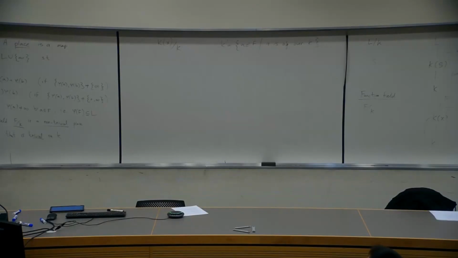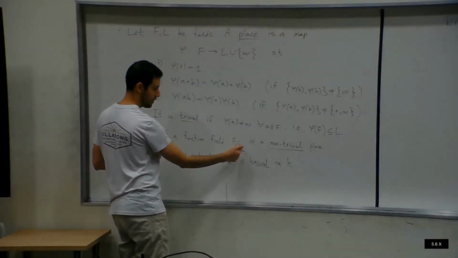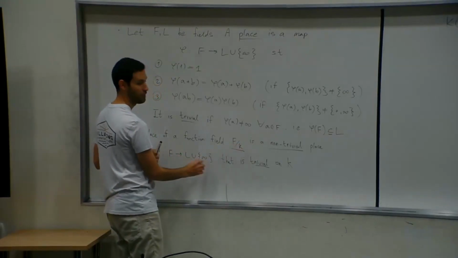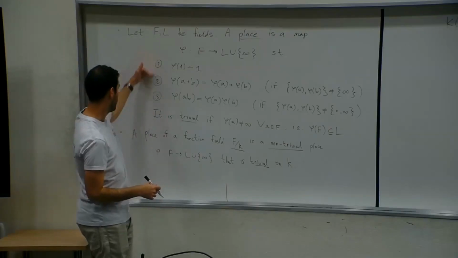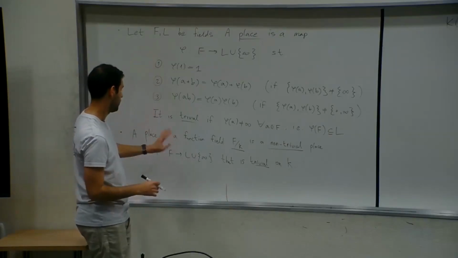If the function is not defined, then it has a pole, so return infinity. The fact that we insist that the place is trivial on k just means that if you give me a constant function from k, then don't tell me that it's not defined at the point. All the constant functions are defined. If you take a function a in k, then phi of a is not infinity, and this should follow.